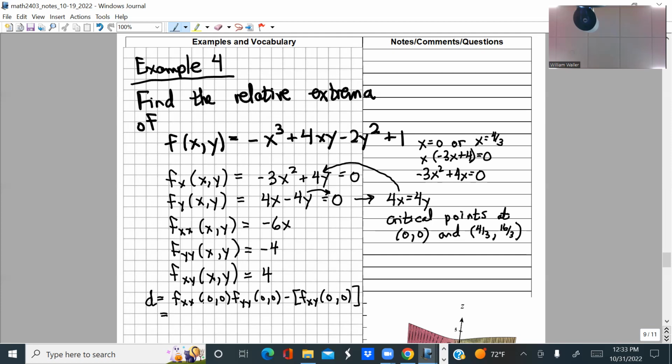What's this going to be? Is that going to be 0? When you plug 0 in for x and 0 in for y, well, you're just plugging 0 in for x into the second partial derivative. So you have 0 there, right? Times a minus 4, because here you're not plugging anything in, right? Minus, okay, and then f sub xy squared, which is 4.